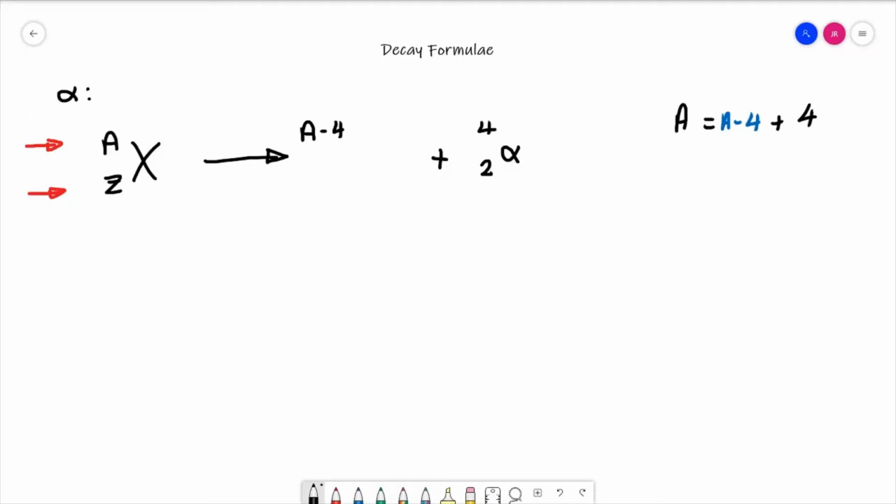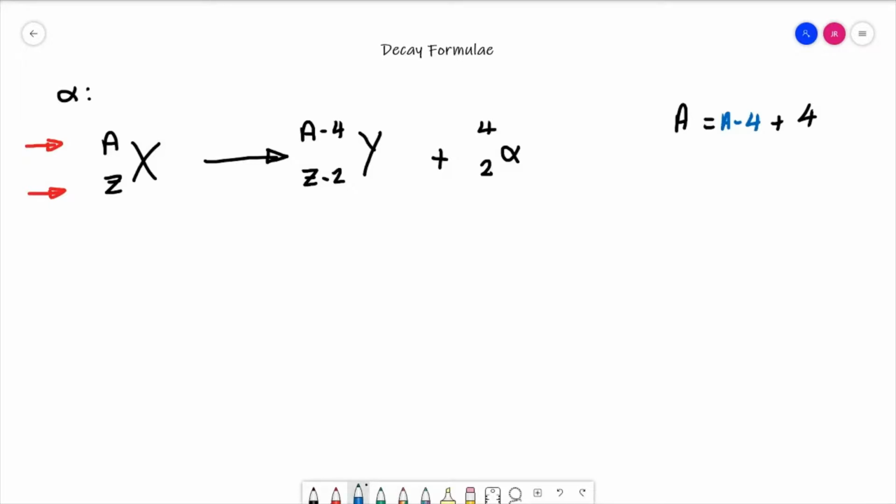By exactly the same logic, on the bottom line, we can put Z minus 2, because we can see that Z is equal to Z minus 2 plus 2. Because the proton number has changed, the element itself has also changed. So I'm going to denote that using the letter Y to show that it's no longer element X. We now have a new element.